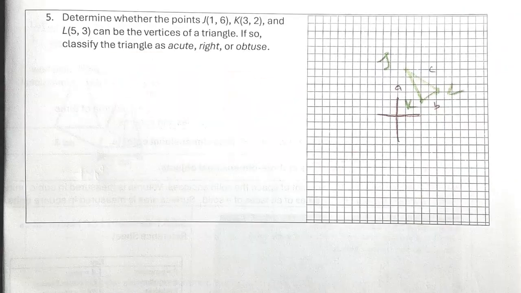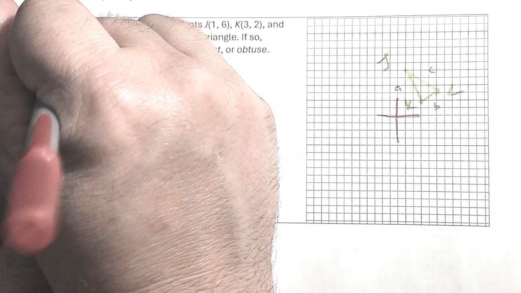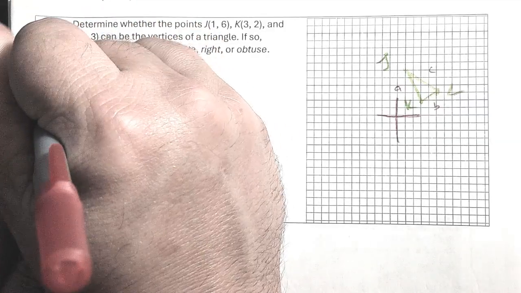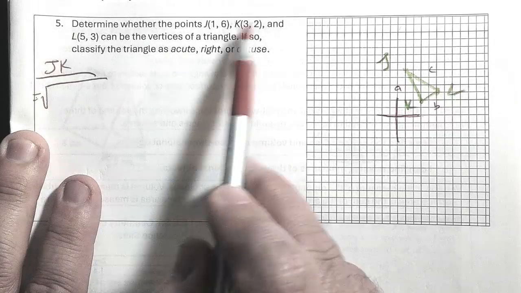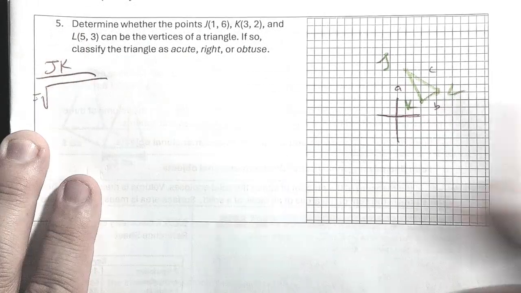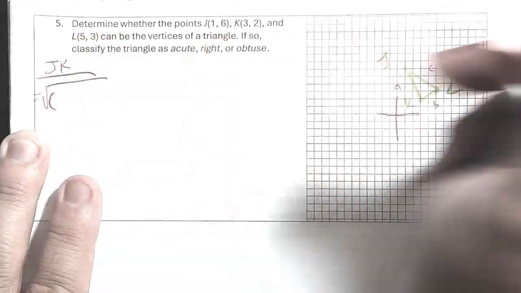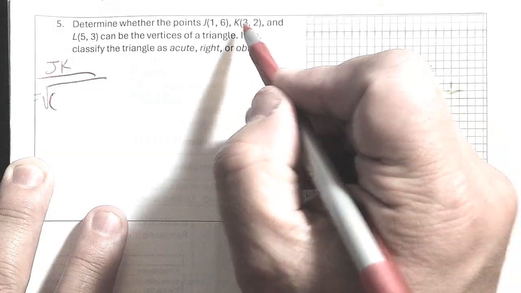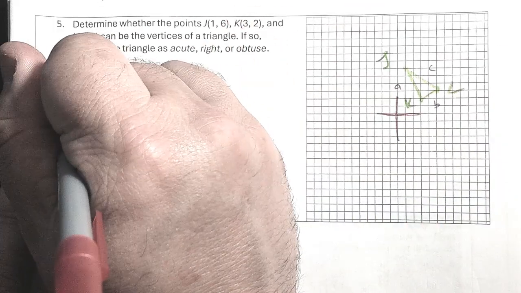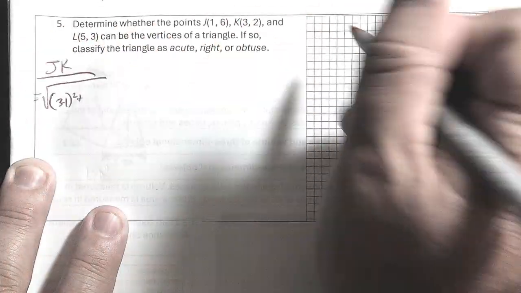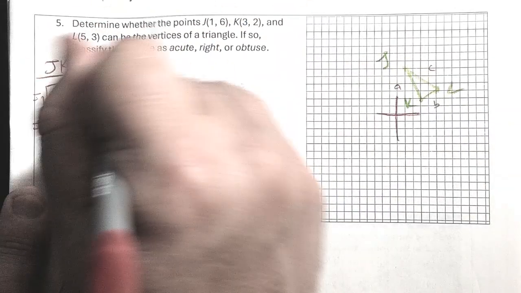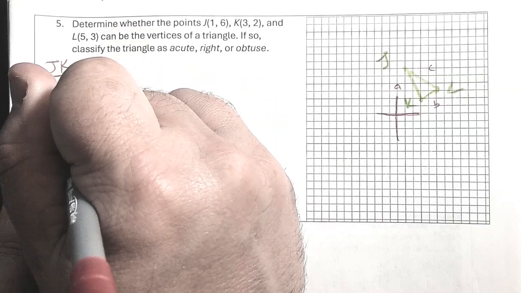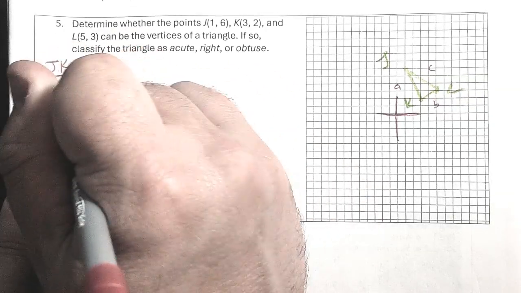So JK, start off with. Again, x's and y's as I do this. So 3 minus 1, squared, plus 2 minus 6, squared. All right, so you got 2 and you got negative 4, both of them squared.